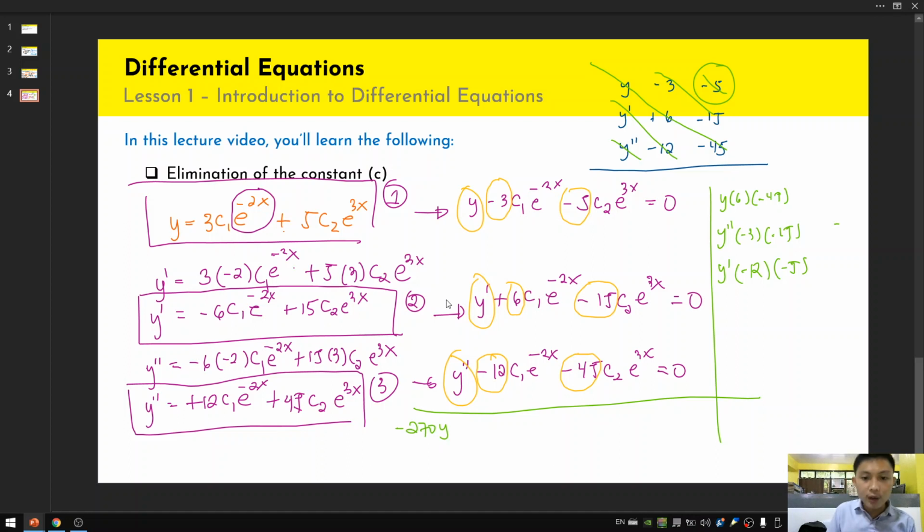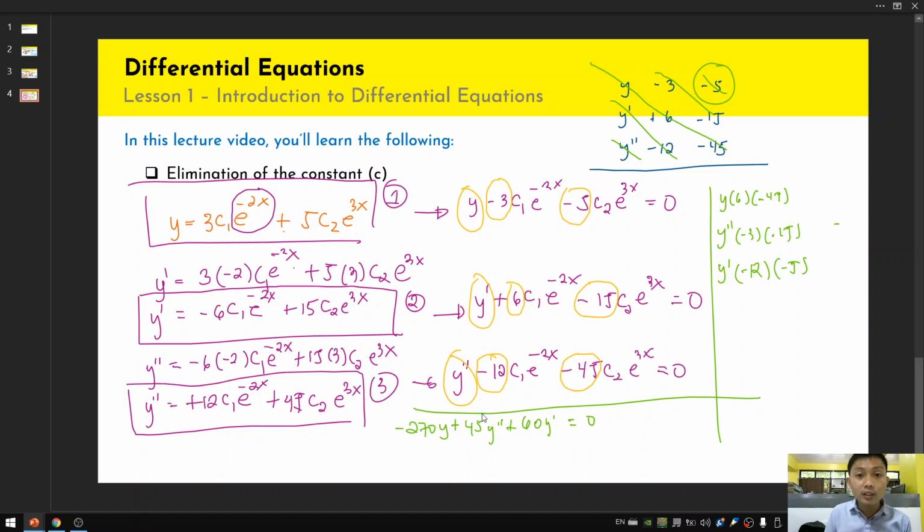So we have positive 45 y double prime. Okay, so negative 12 times negative 5, we have positive 60 y prime. Okay, equals to 0.